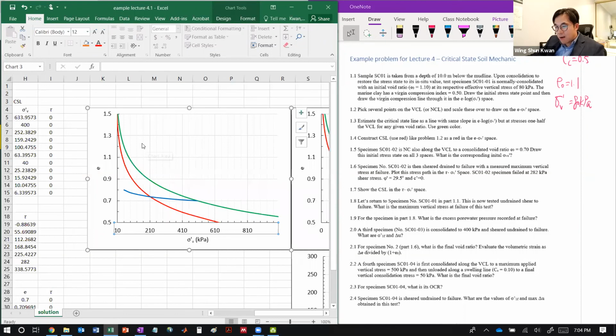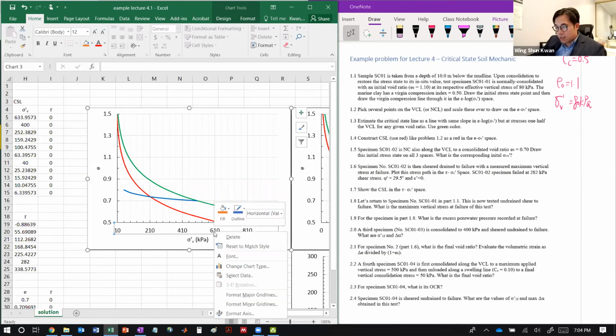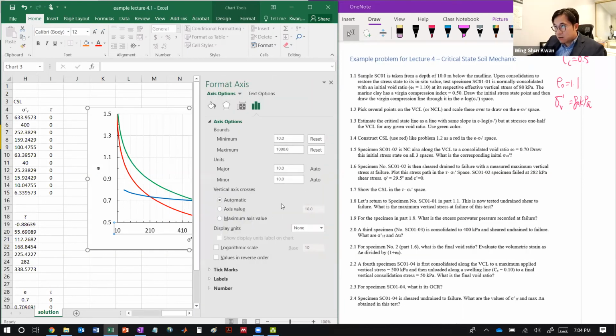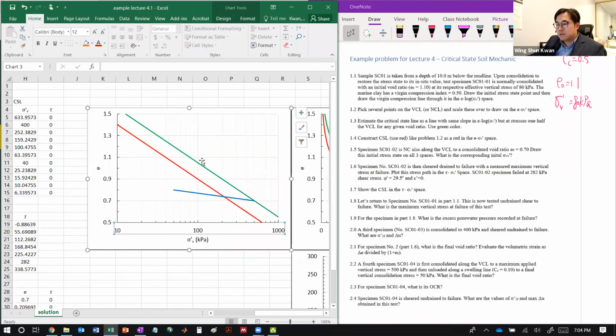Here's the curve. But if you use a semi-log scale, it becomes a linear line. That's why you can take advantage of the slopes, Cc, Cs and Cr.